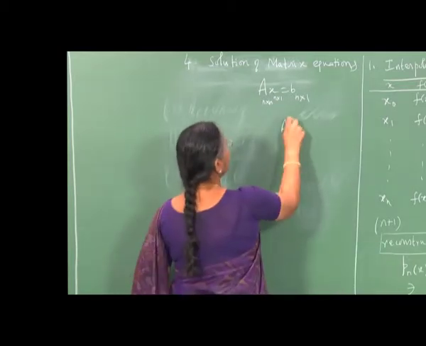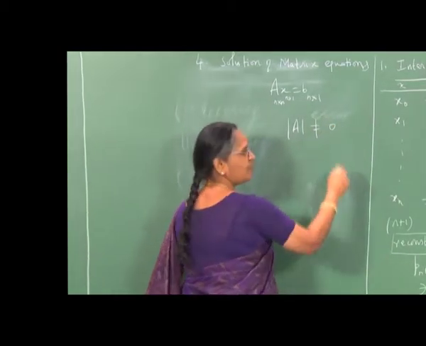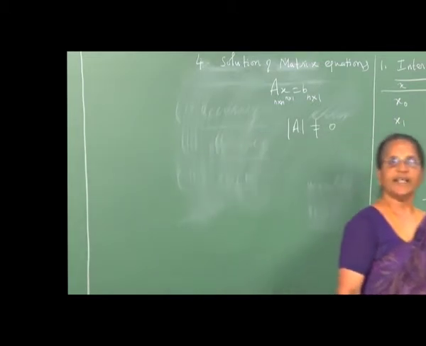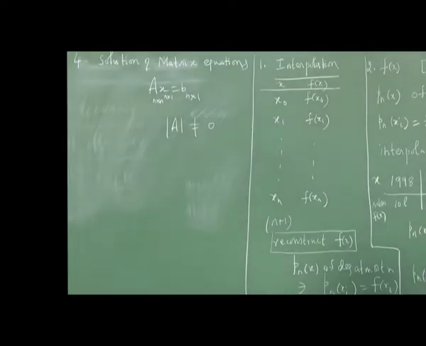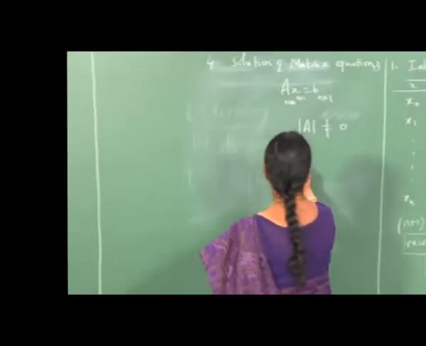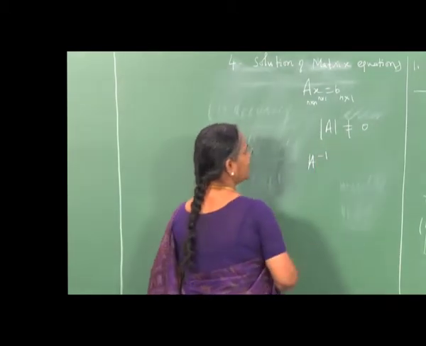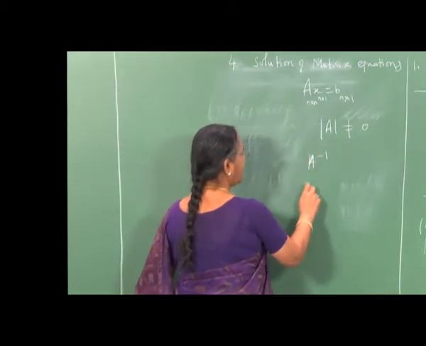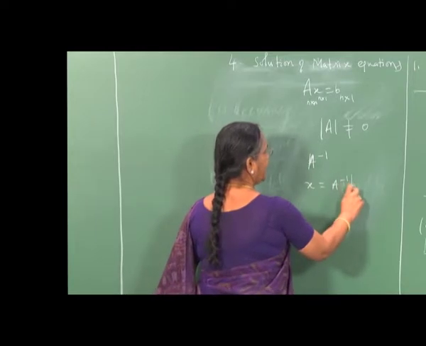If determinant A is different from 0, when matrix A is invertible, non-singular, then in that case you will be able to compute the inverse of this matrix and write down the solution as A inverse b.